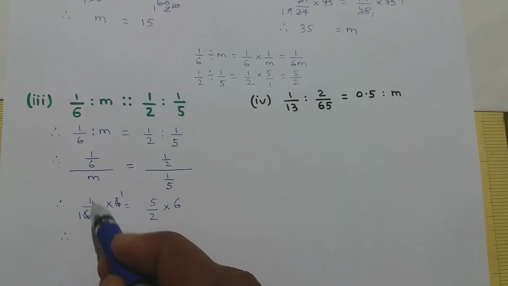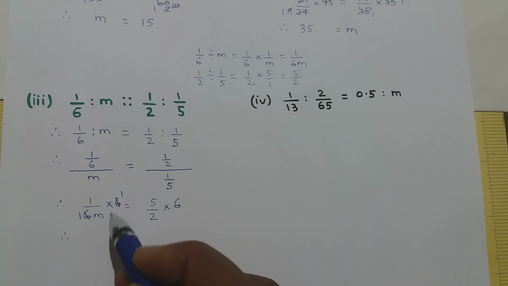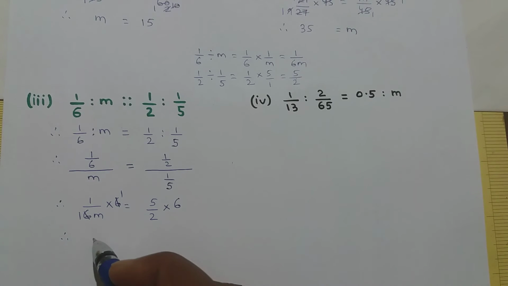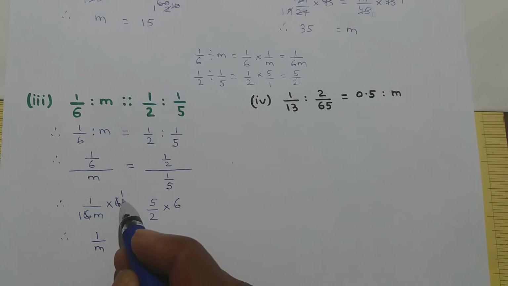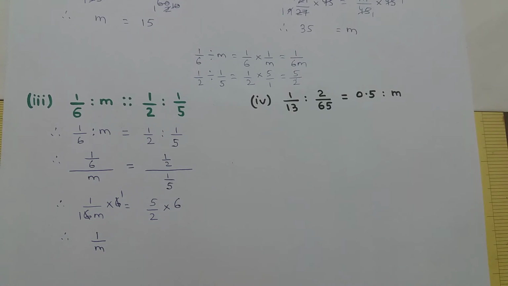So it becomes 1 upon 1m multiplied by 1, which is 1 upon m.